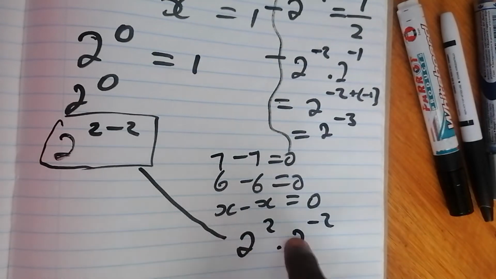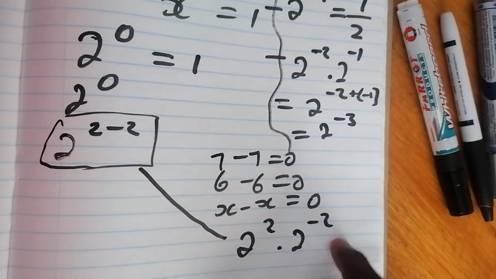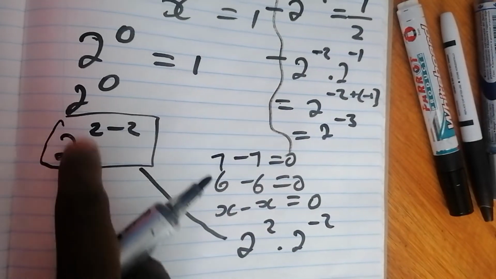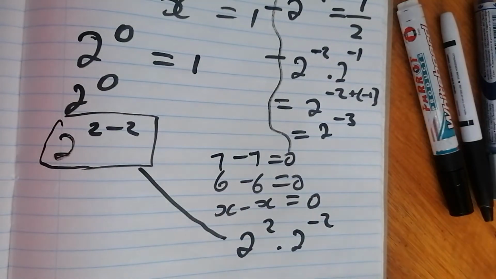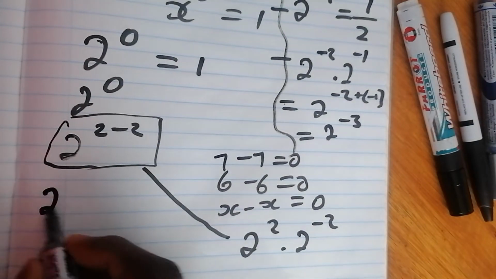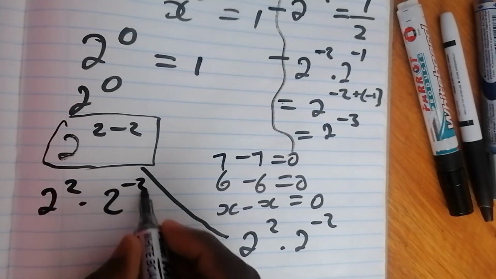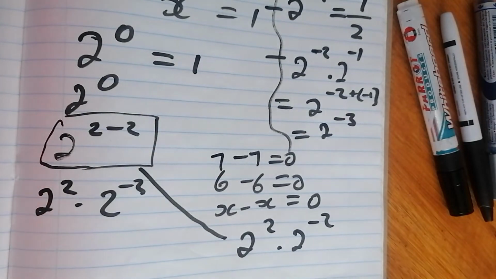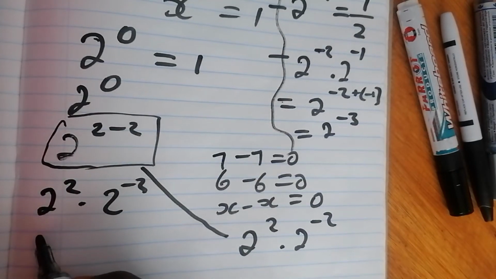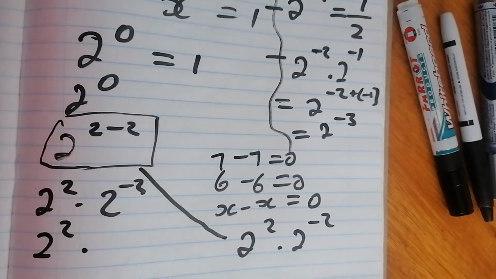Because when we times the base, we add the exponent. So we add the exponent and get 2 to the power 2 minus 2, which is 2 to the power 0, right? Meaning we can write this as 2 to the power 2 times 2 to the power minus 2.